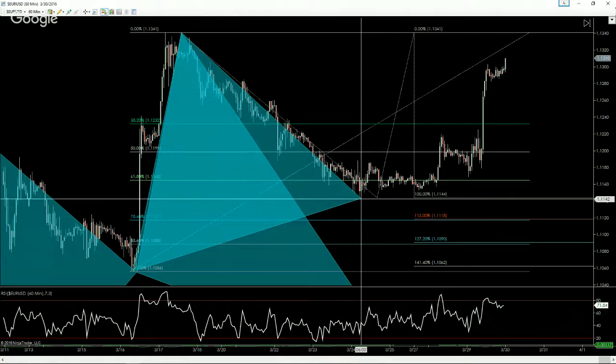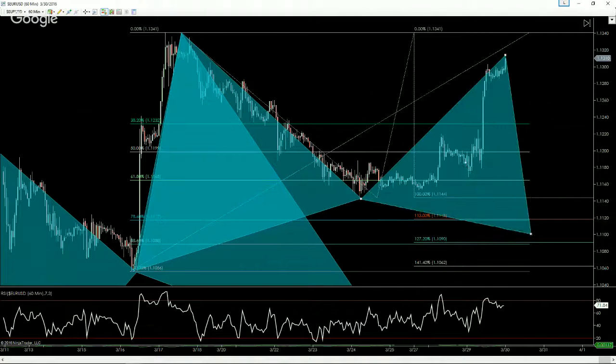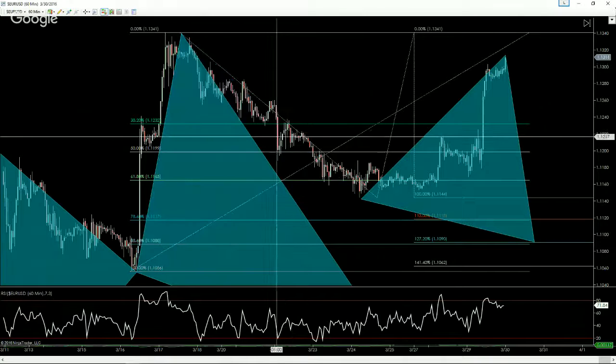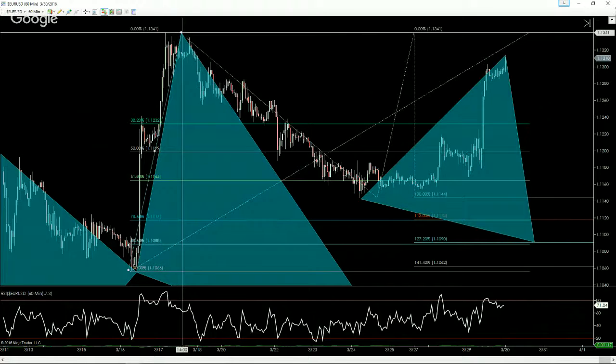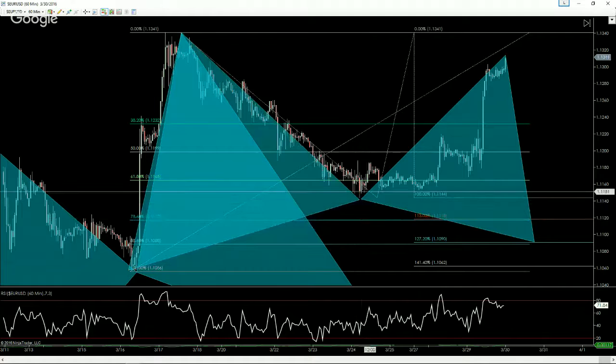And for this one, if price comes back down to the 127, I will be taking this as a Gartley pattern.